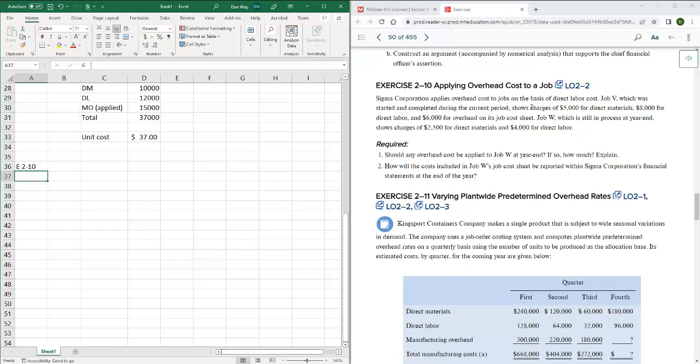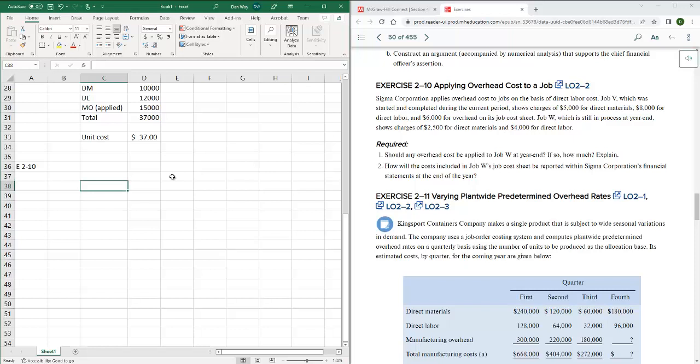We know that overhead is applied based on direct labor cost, but we don't know what that rate is. However, job V, which was finished, shows charges of $5,000 for materials, $8,000 for labor, and $6,000 for overhead. So we can infer from that information what this predetermined overhead rate must have been.